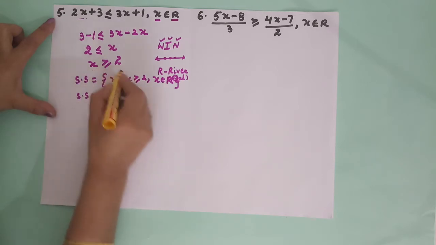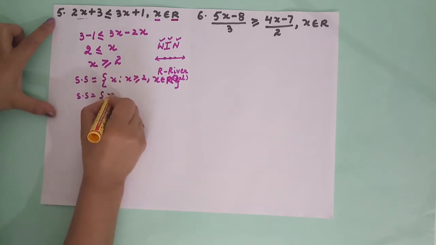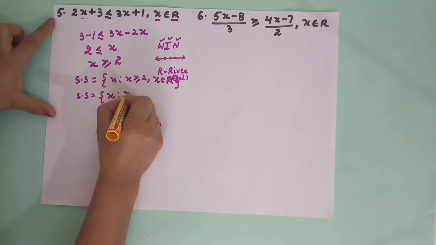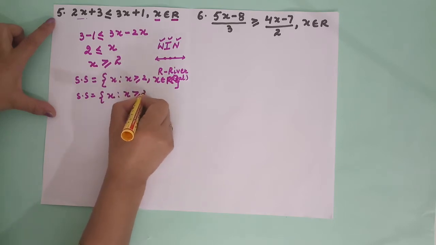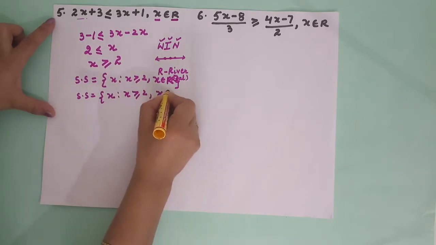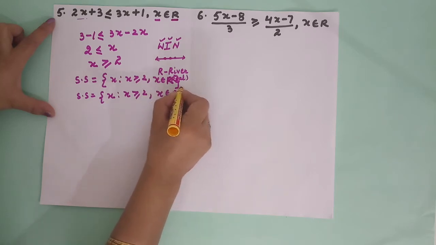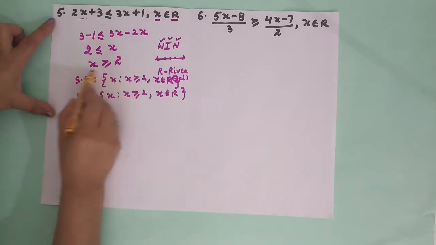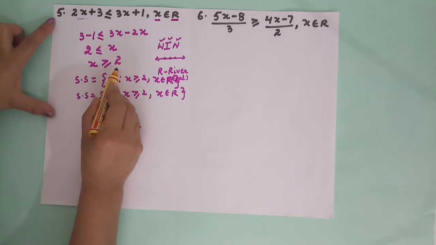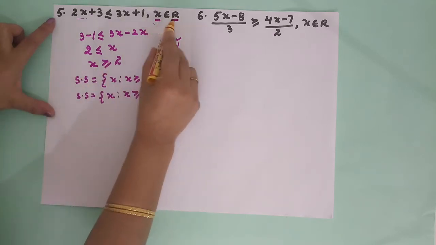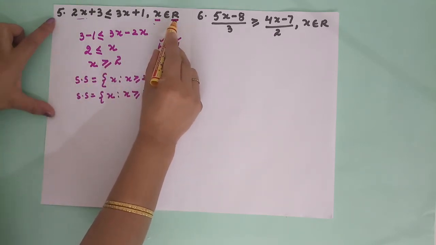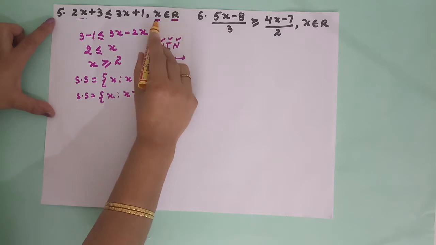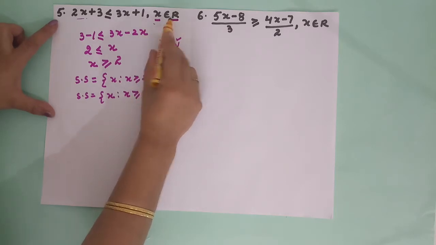The solution set is to be written in the set builder form only, comma, x belongs to R. This is the solution set for representing the solution when x belongs to real numbers.